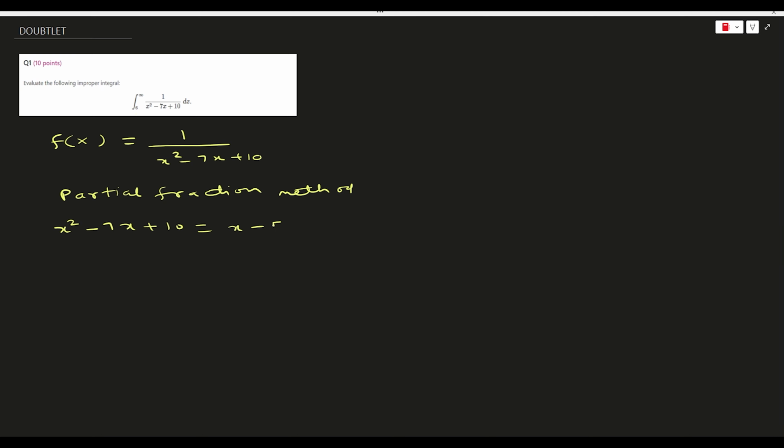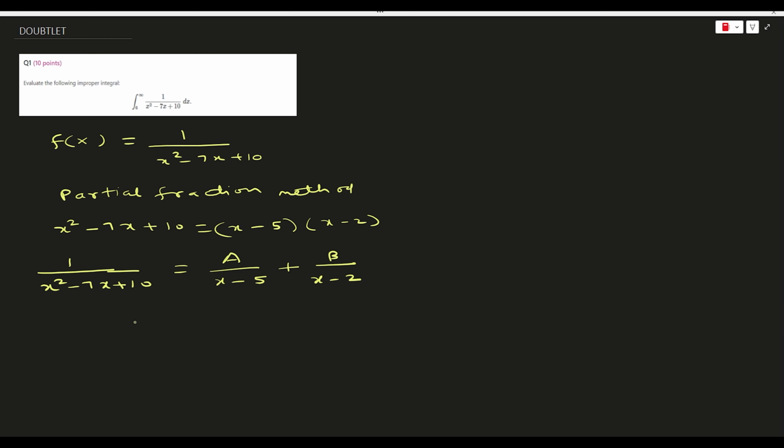We can write this as (x minus 5) and (x minus 2). Now by using partial fraction, we will write 1 over x square minus 7x plus 10 as a divided by x minus 5 plus b divided by x minus 2.